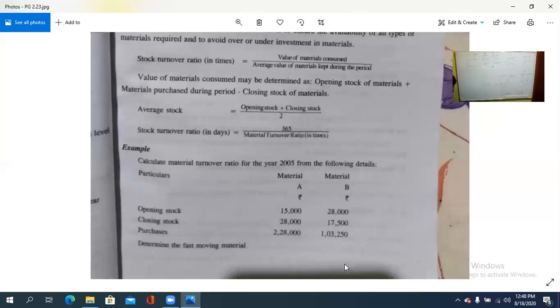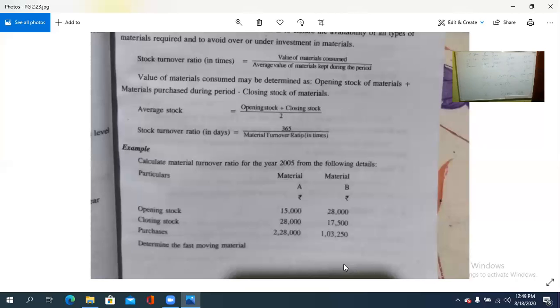See how much is this? 215 divided by 21,500, it is 10 for A, and B is how much? 113,750 divided by 22,750, so it is 5. 10 and 5 are the material turnover ratio in times.